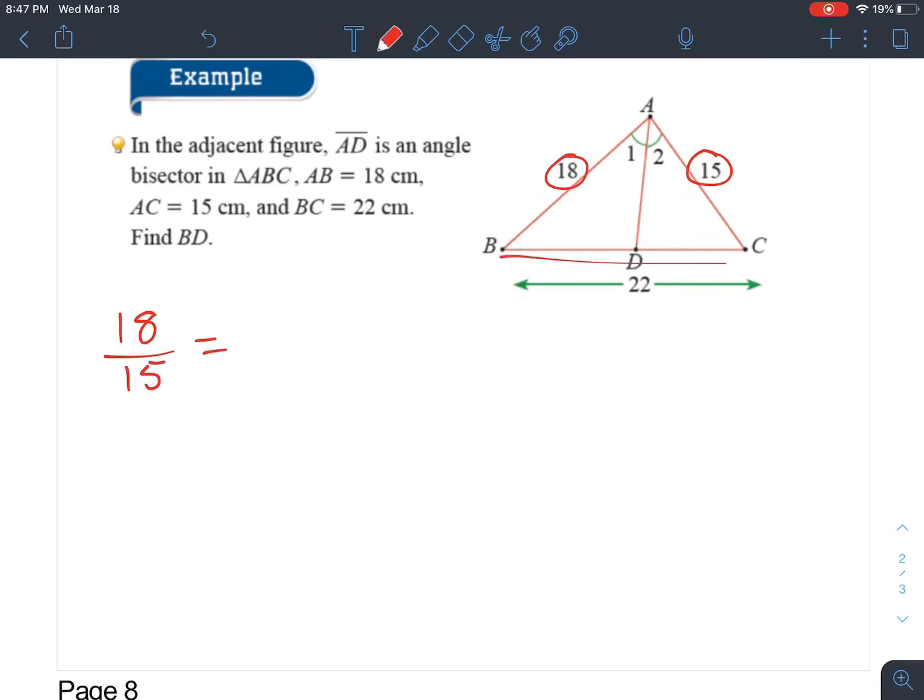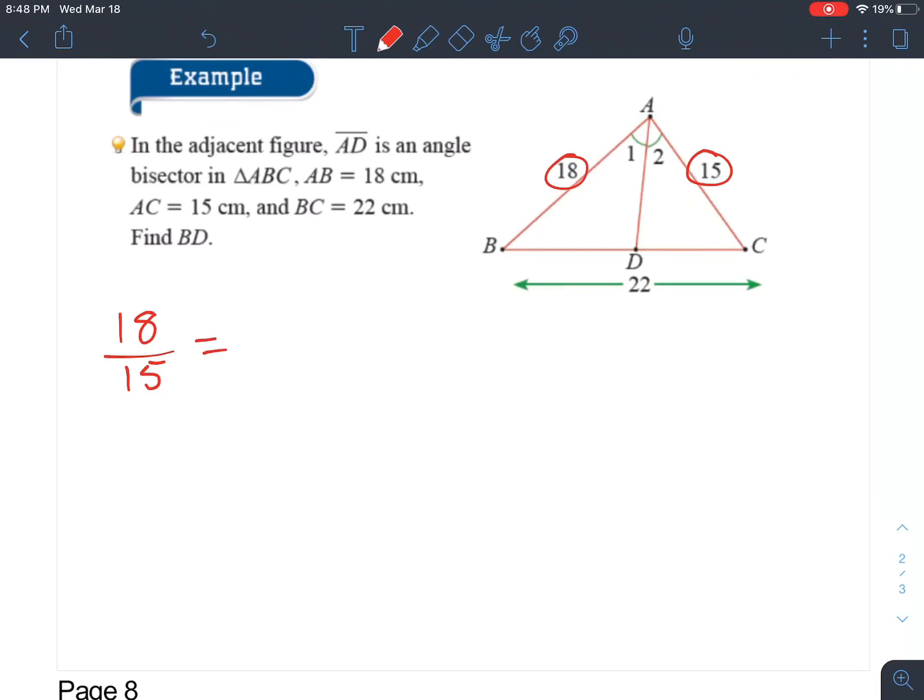So I'm going to start with the 18 over 15. But then it appears as though we don't have enough information because we're given the 22, but we're not told anything else. In that case, we need to pick some value for one of them, and then we can put in a value for the other.